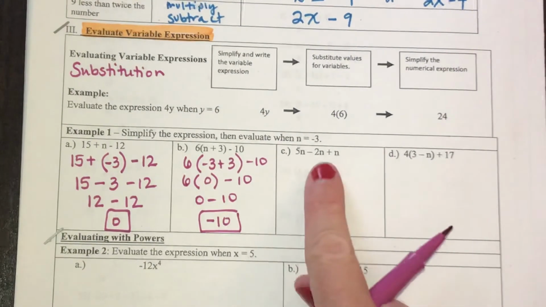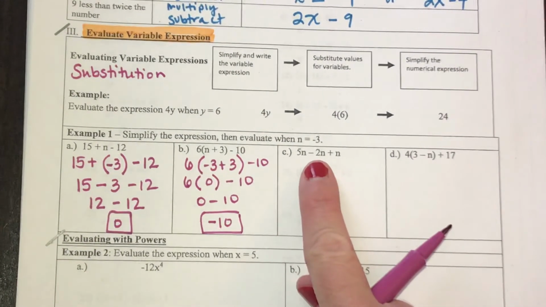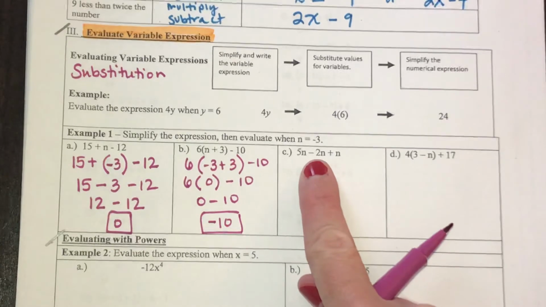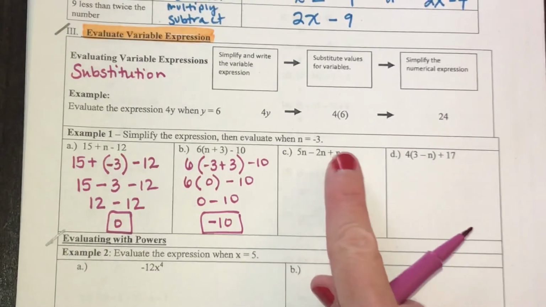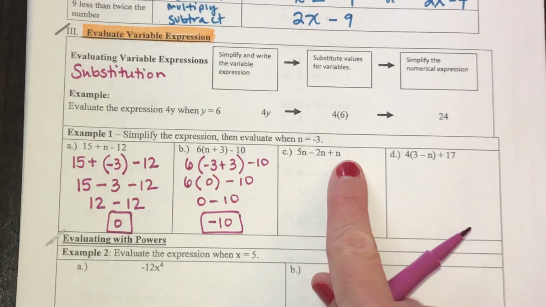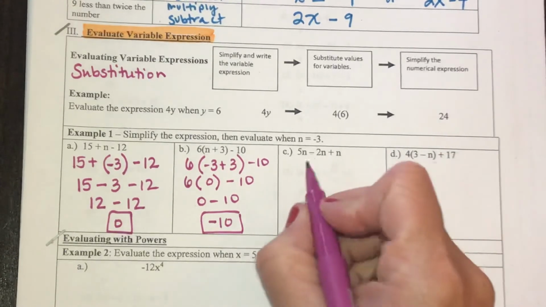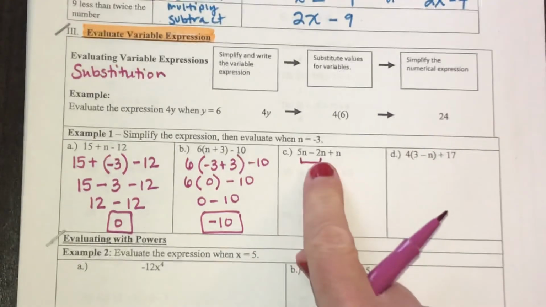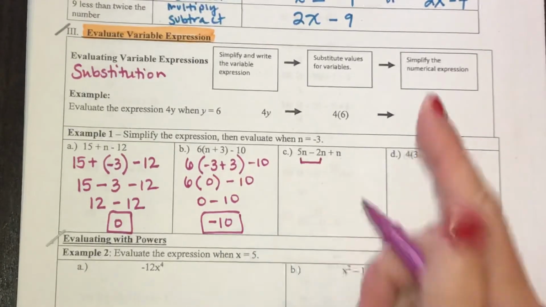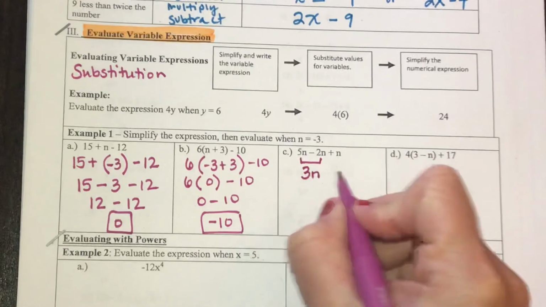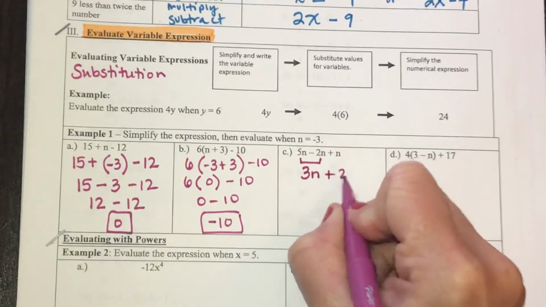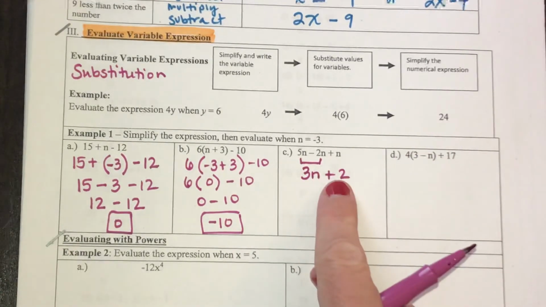Okay, now, in this question, I'm actually going to do a little bit of simplifying first because all of these terms are alike because they all contain the letter n. So if I have 5 n's and I'm going to take away 2 n's, that means I have 3 n's left. Now the rest of my expression says plus, oops, I'm so sorry.